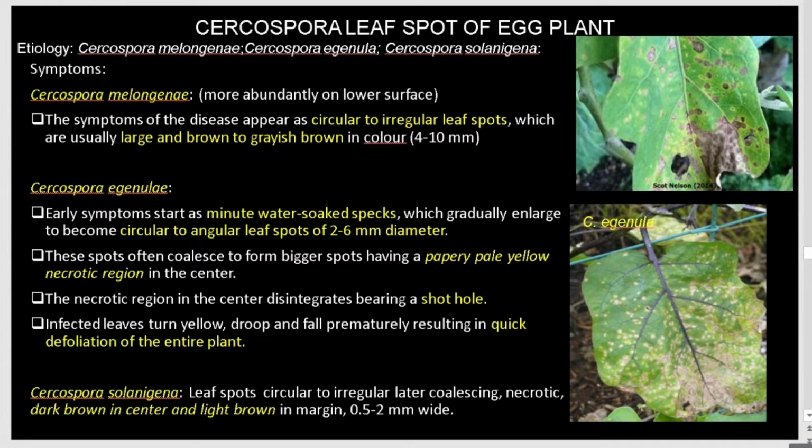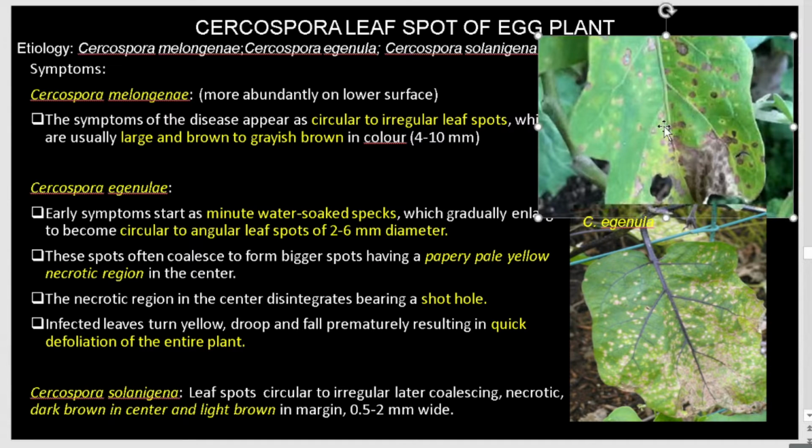So these are symptoms of Cercospora melongena. They are most typically, or abundantly, formed on lower leaves, and on the upper leaves. If we compare the infection caused by these 3 species, the spots are relatively very large.